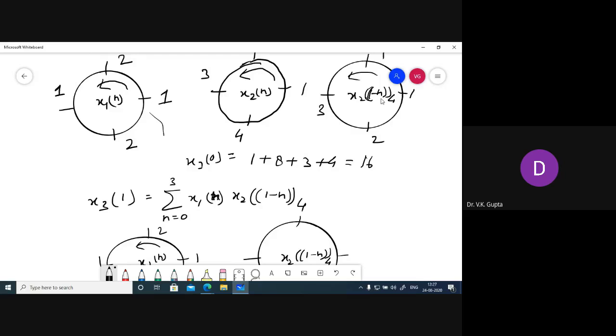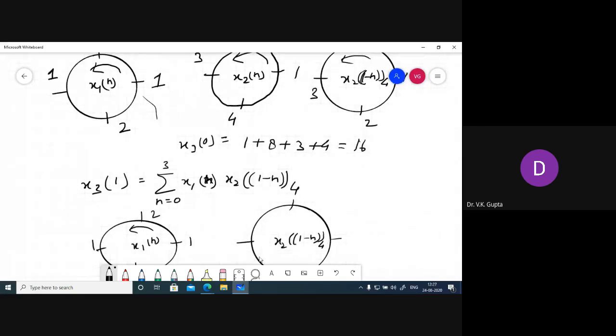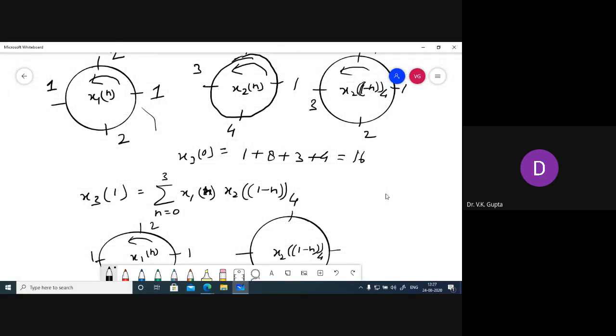Shifting will be in which direction, positive or negative? Take it similar to linear convolution, linear shifting. When we have x2 of (n minus 1), it will be shifted in the positive direction.